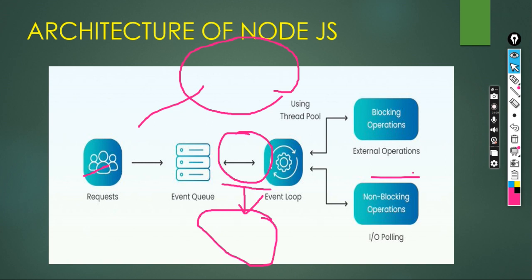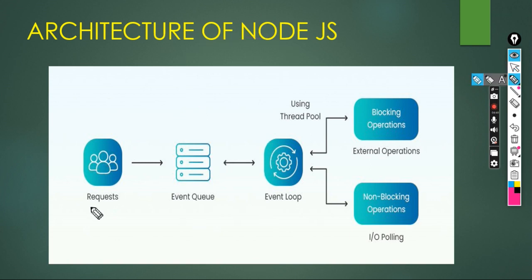Here the client is there. Some 5 or 10 clients will be there, sending requests to the event queue. The event queue takes all the requests and passes them to the event loop.